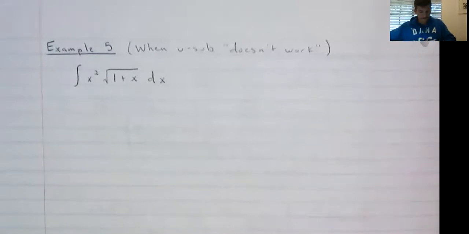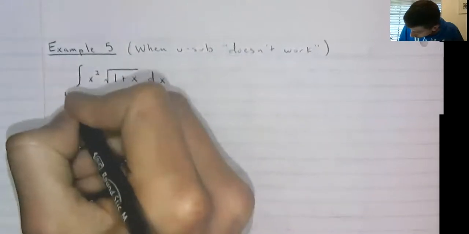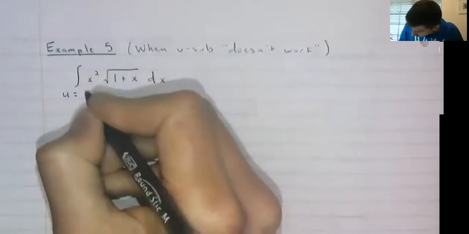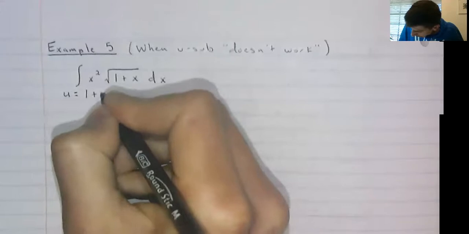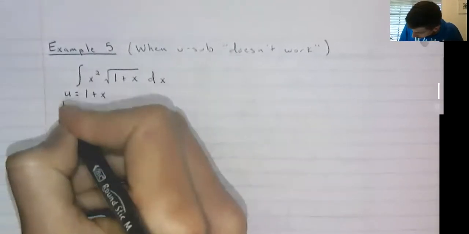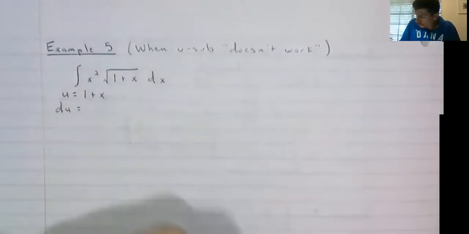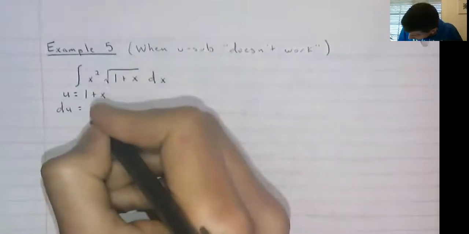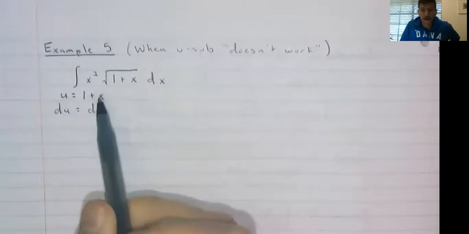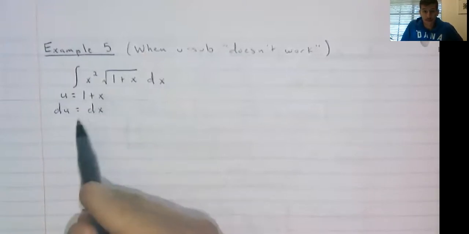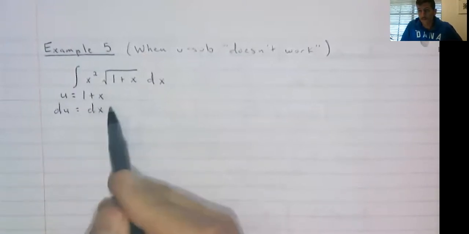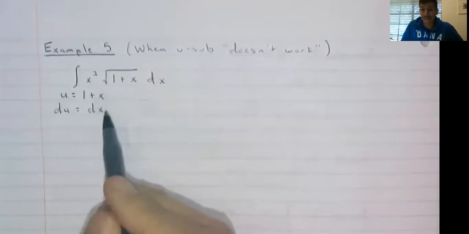And so we'll say that u is equal to 1 plus x, which means that du is equal to just dx, because the derivative of this guy on the right is just 1. So du dx is 1. We multiply by the dx to get du is dx.